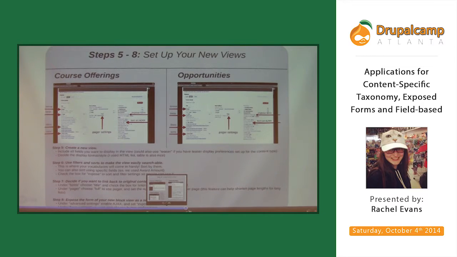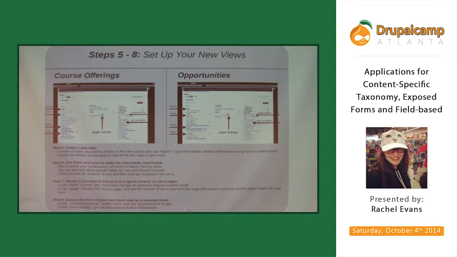Steps 5 through 8. You're going to set up your new views. Creating a new view, most of us hopefully have used views before, so you know what to do when you go in to create a view. You want to include fields for this. I don't like using teasers because that doesn't give me quite as much control over what's going to show and what's not. So I really recommend using fields for this and pulling from the fields that you've got in your new content types.